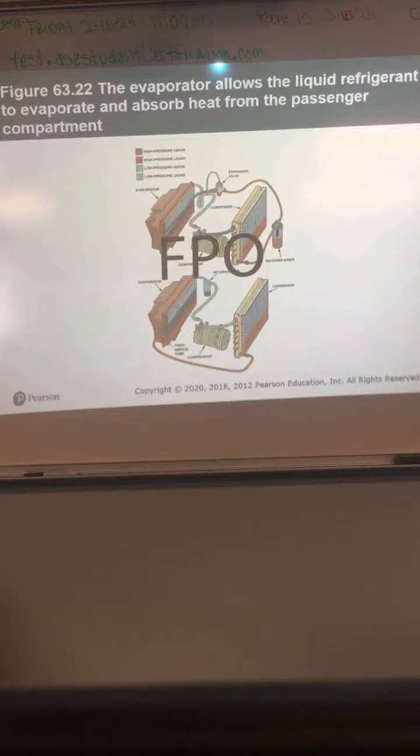Is it fan power outlet? Honestly, I can't say if that's a yes or no because I have no idea what that is.